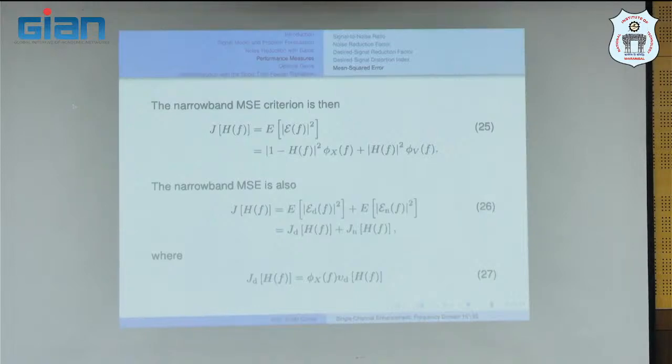But in the time domain, we had to find the derivative of a scalar function of a vector. Here, it's a scalar function of a scalar, h. H is a complex scalar.